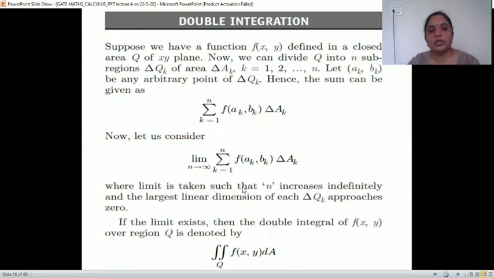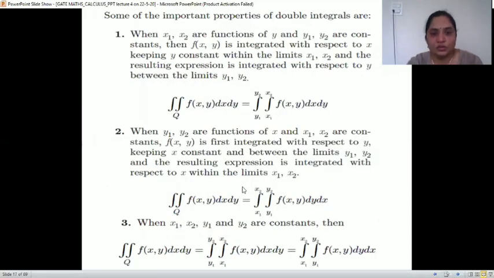Next, double integration. We all know double integration. In double integration there are two variables, a function of two variables, x and y. So it is integration and integration again of f of x, y with respect to dx and dy. These properties we know: limits of x, limits of y, and then we have to write it.